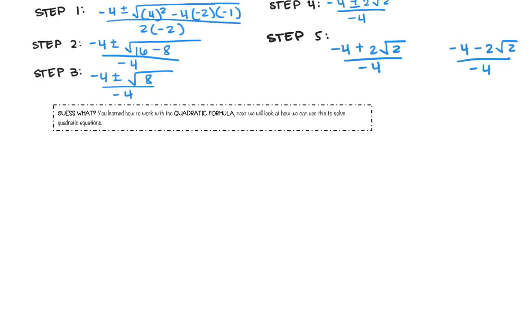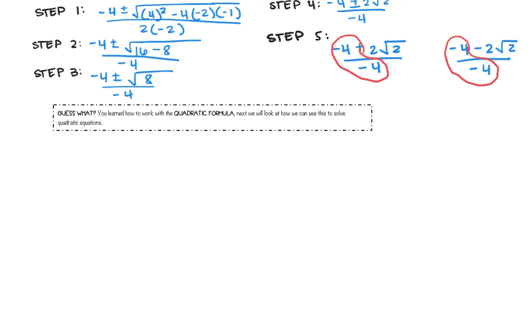All right, so far I have step 1, 2, 3, and 4 down for you. But I want to talk about when you get to step 5. When you get to step 5, you're going to make sure that for step 6, you reduce. So in this case, negative 4 and negative 4, those reduce to 1.